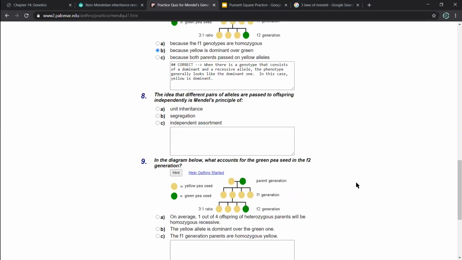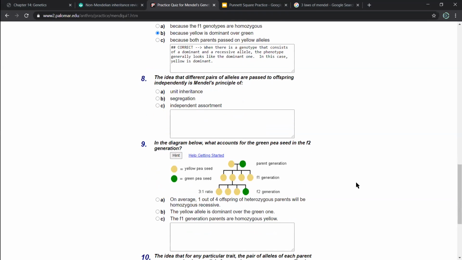Okay, next question. Number 8. The idea that different pairs of alleles are passed to offspring independently is Mendel's principle of blank.